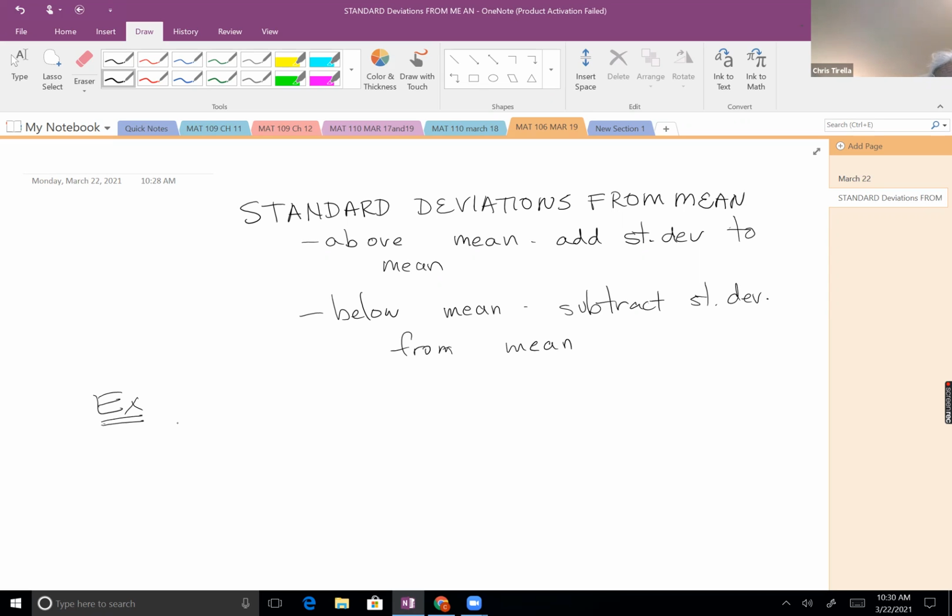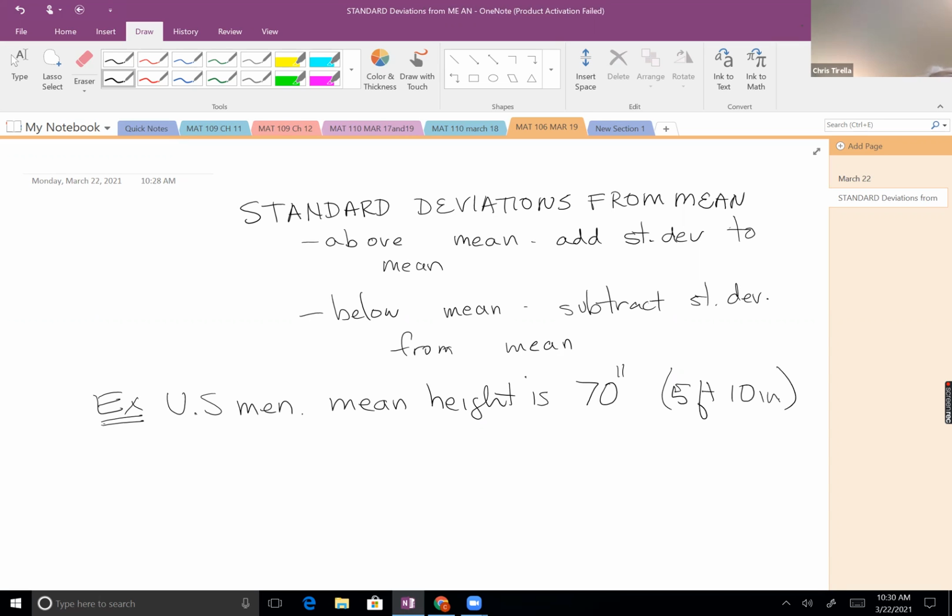For my example, for American men, the mean height is 70 inches. And I did not write 70, I apologize. 70 inches, if you were to change it into feet and inches, that would be 5 feet 10 inches.